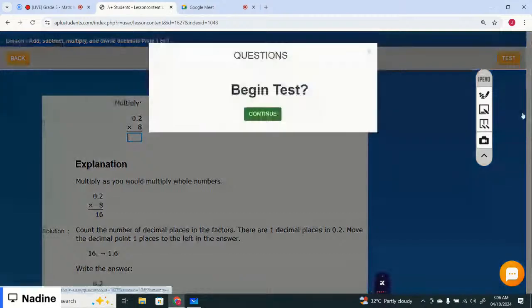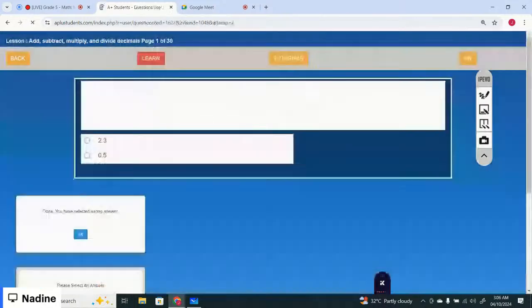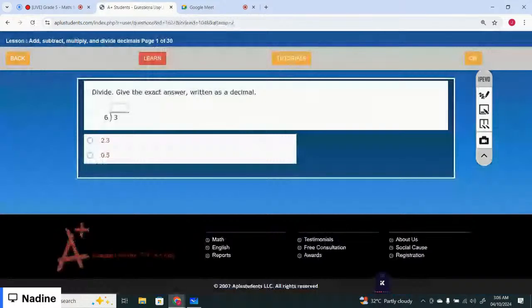Let's just start with the test questions. So you have to divide 3 by 6, right?